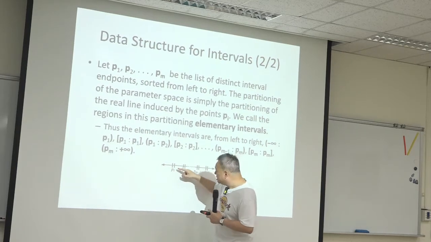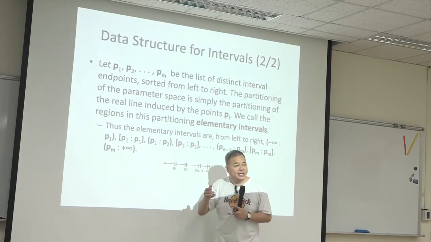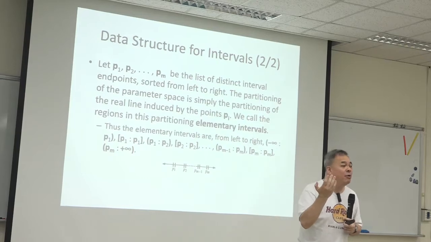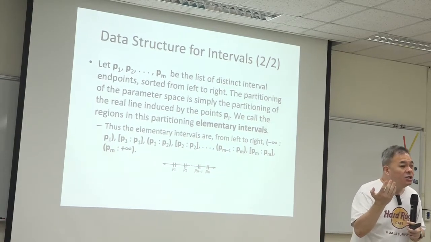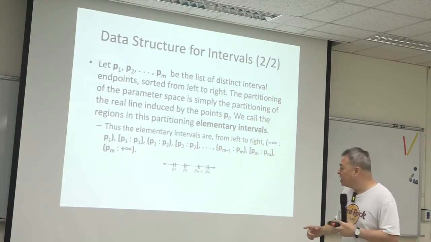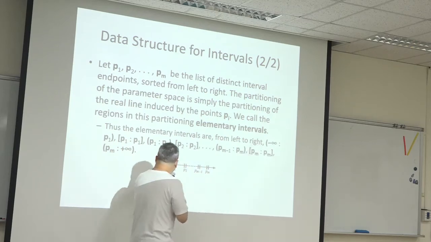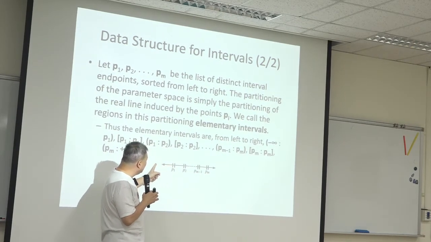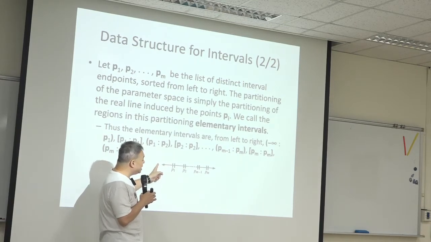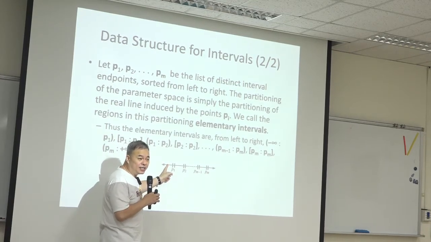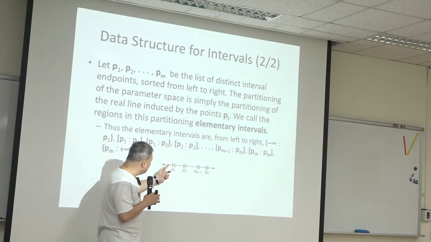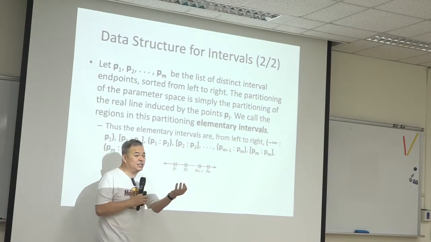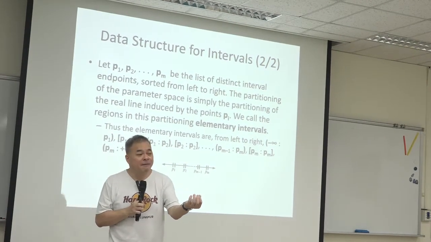Why? Because P1 represents the rightmost endpoint. So when Qx is here, it doesn't matter where Qx is located. You get nothing. The set of intervals that include Qx is going to be the empty set.